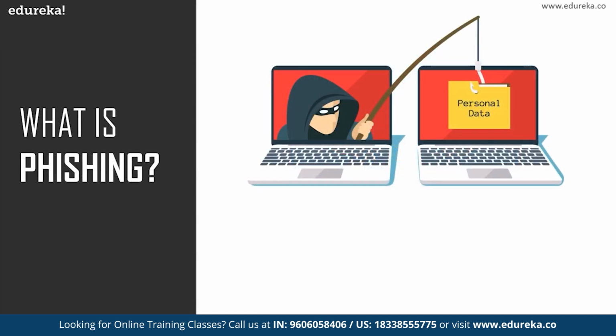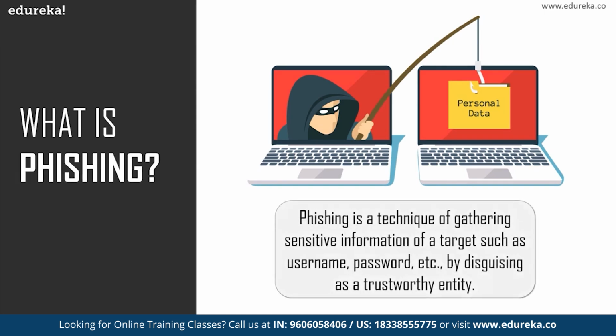Hackers take advantage of this trust factor and they fake themselves as a trustworthy entity to steal your sensitive or personal data. So phishing is an attack of gathering sensitive information of a target, such as username, password, email ID, or other sensitive information, maybe your bank details, your credit card or debit card details, by disguising themselves as a trustworthy entity.